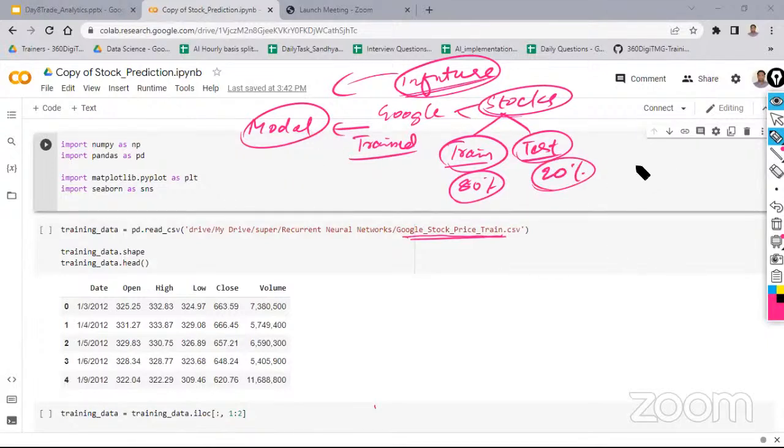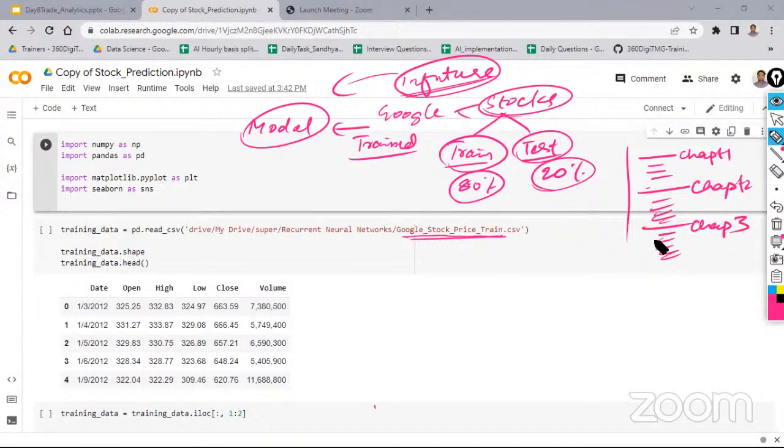It is something like this: there will be chapter 1, chapter 2, and chapter 3. Like this, you will have a syllabus to study.